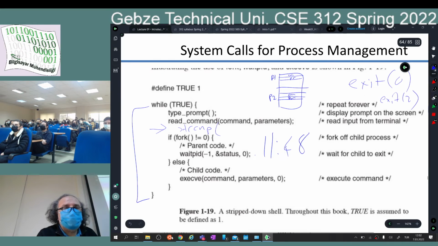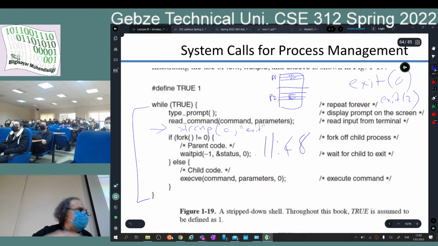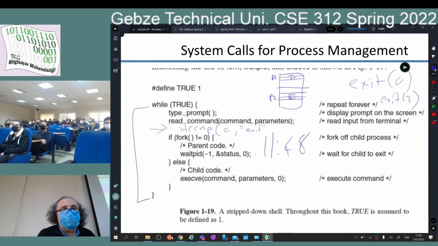With the strcmp, if my command is the same as exit, then I will just call exit, the program named exit, and in that case it's going to kill your parent, the whole shell process. So these kinds of things you need to be careful about. Other than that, this is just fine.